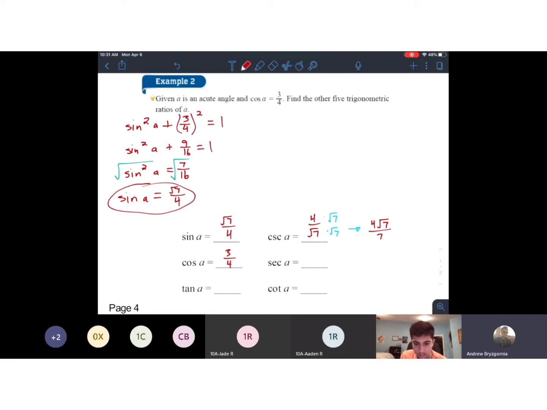Okay. Secant will be a little easier. What is that? 4 over 3. Good. Okay, and then can somebody give me tangent? Square root of 7 over 3.